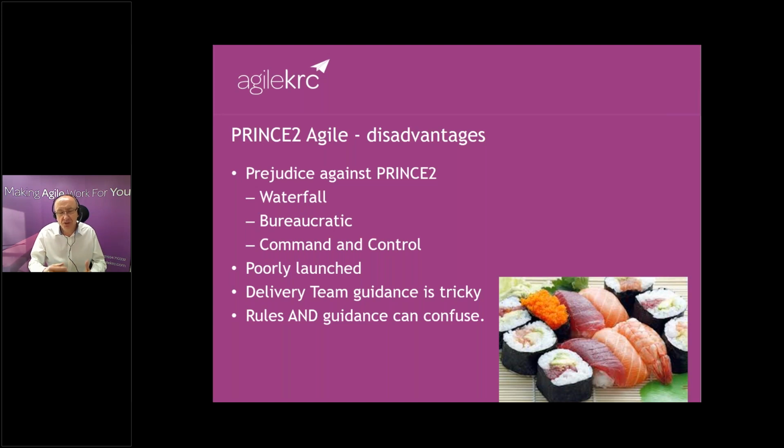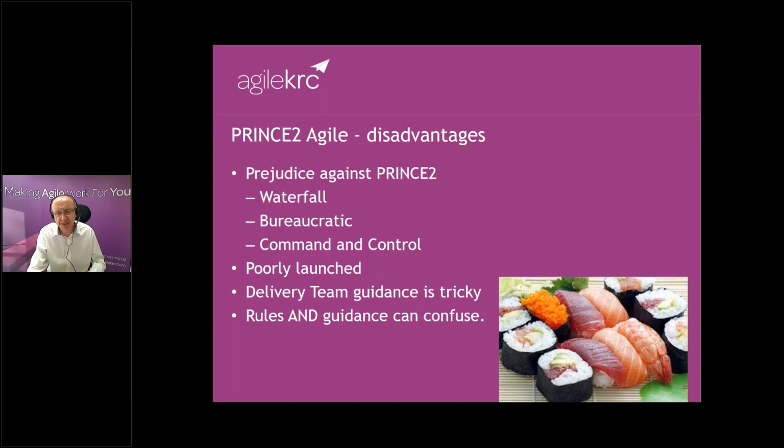But the trouble with Agile and the trouble with projects is they're complicated things. You might have geographically dispersed teams. You might have a customer you love. You might have a customer you hate. And there are all different contexts. And therefore, what the guidance in PRINCE2 Agile often talks about is you may do this, or you should do this, or typically you do this. And it's very hard to class that as a rule.